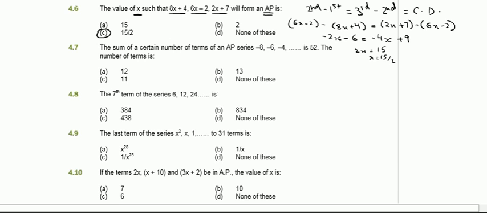4.7. The sum of a certain number of terms of an arithmetic progression series minus 8, minus 6, minus 4 to 52, the number of terms is. In this question, we know that the difference between these two terms is positive 2, and between these two terms it is also positive 2.